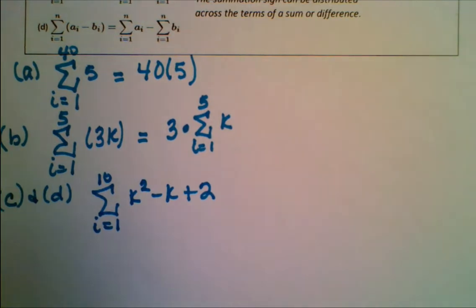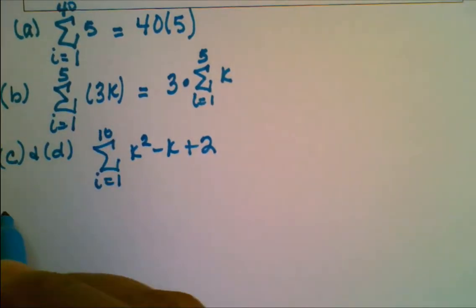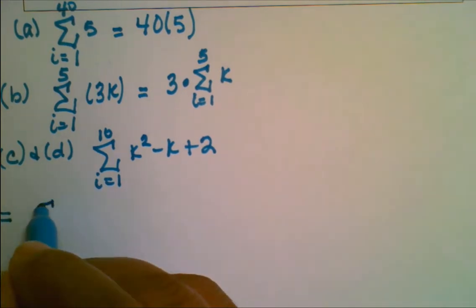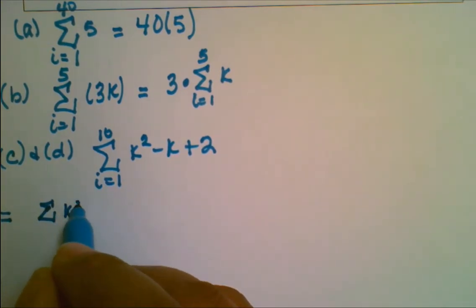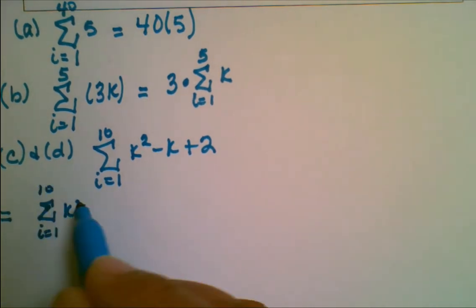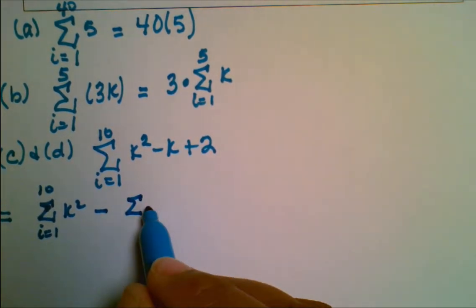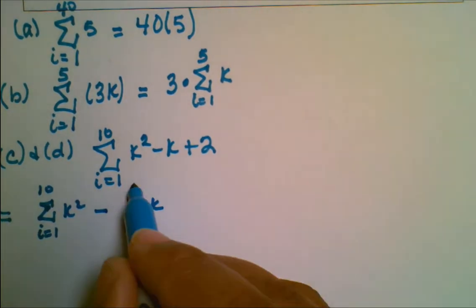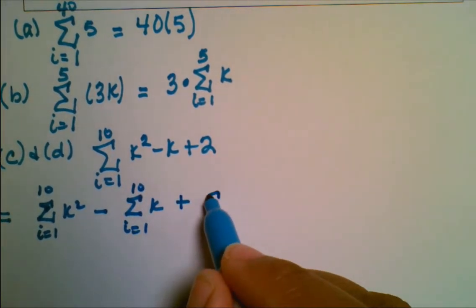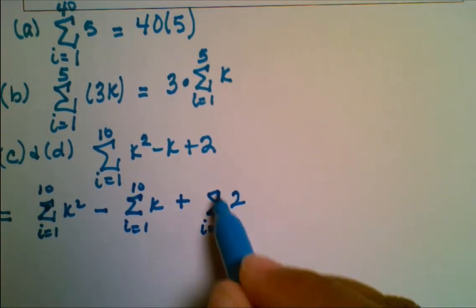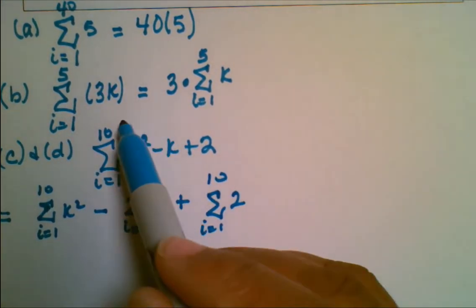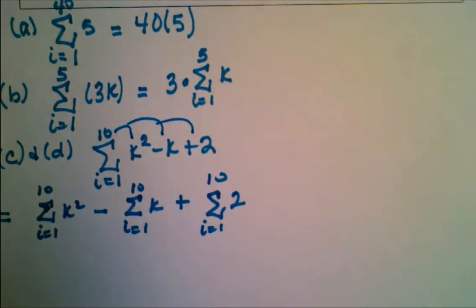So then we have the sum of k squared as i goes from 1 to 10, minus the sum of k as i goes from 1 to 10, plus the sum of 2 as i goes from 1 to 10. So we're going to distribute this summation. Let's work some examples, and then we're going to look at the summation rules and talk about those.